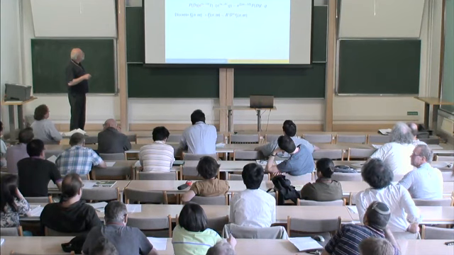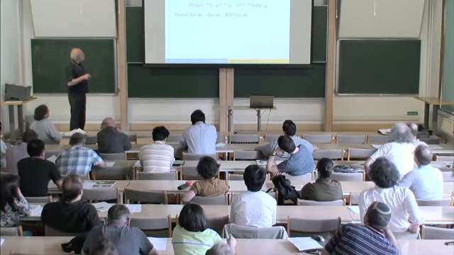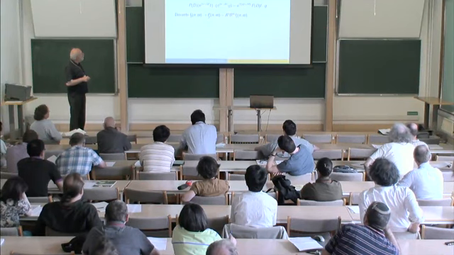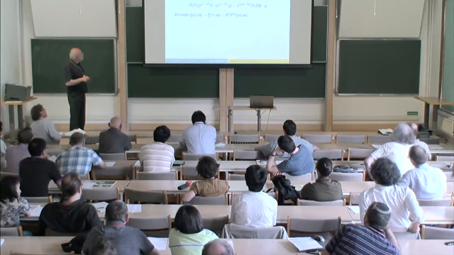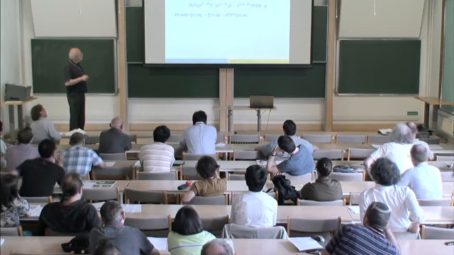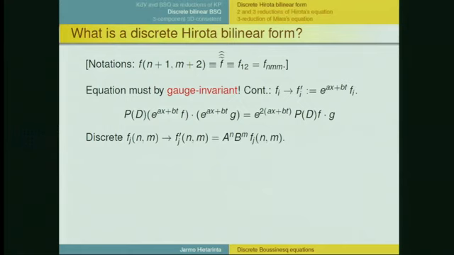Bilinear forms are characterized by gauge invariance. This is a very important property, but easy to verify that if you make this kind of linear phase factor, then it can be pulled out. This is enough to characterize Hirota's bilinear derivative, this requirement.